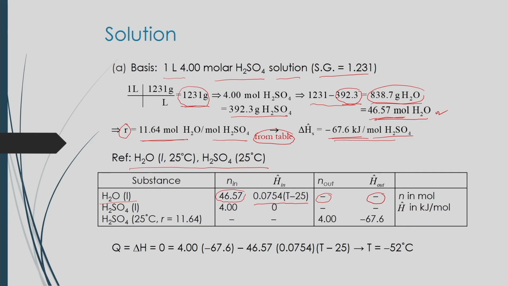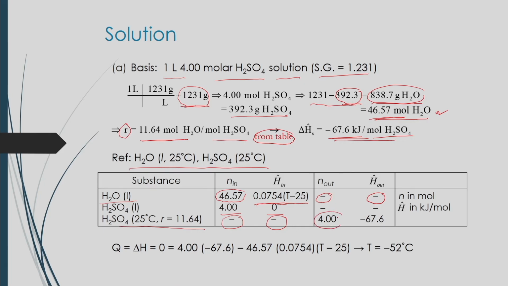Similarly, sulfuric acid is 4 mole, and the enthalpy will be equal to 0. Now, the question is why 0.0754 is coming, because this is the mole ratio that you have to consider there. Then for sulfuric acid at this ratio, N of sulfuric acid is nil and the enthalpy change of that sulfuric acid is nil.